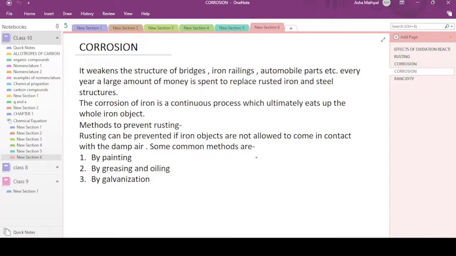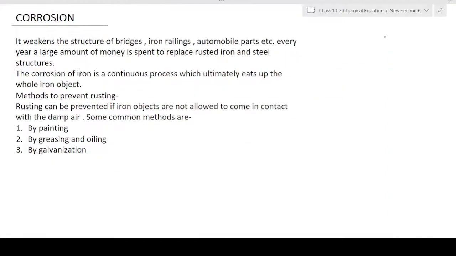Why? Because as we have discussed earlier, it eats the metal layer by layer. Like in the case of iron, I have already told you that suppose this is the iron rod, then because of the corrosion, that is the rusting, this layer will first go off, because it will change into a very flaky brown substance, rust.